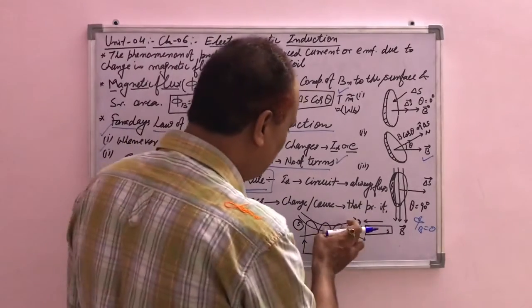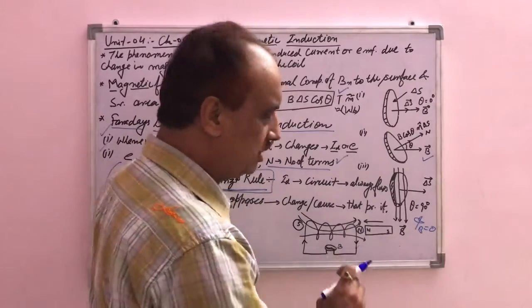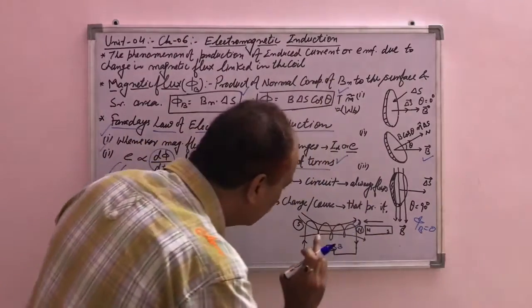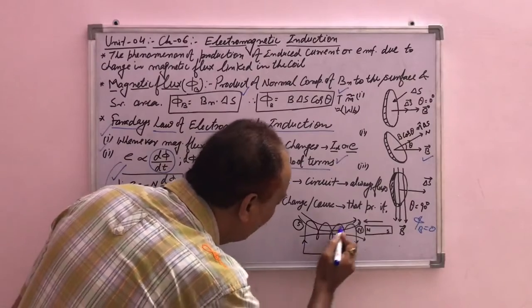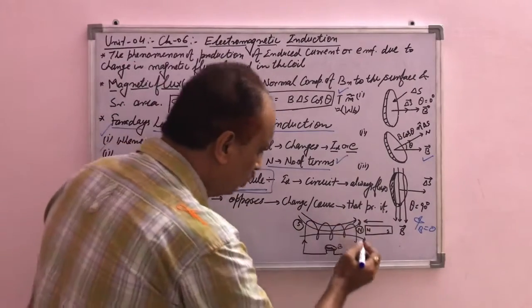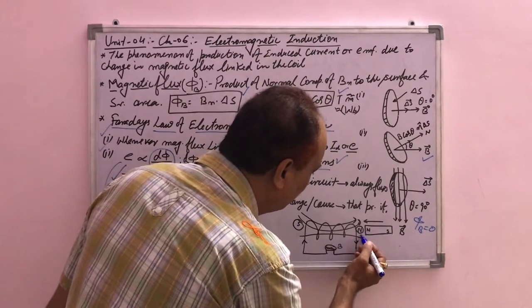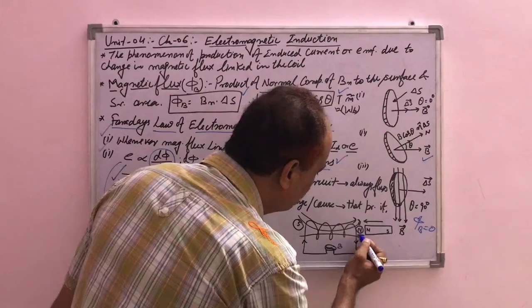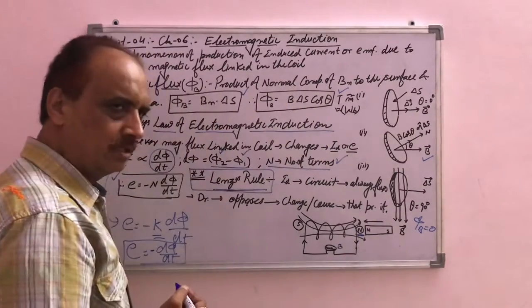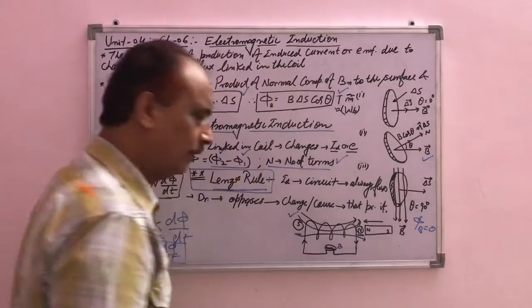Due to this change, an induced current flows in the coil in the clockwise direction. When the current flows in the clockwise direction, the end towards the N pole of the magnet behaves as an N pole in the copper coil, and the other end behaves as an S pole.